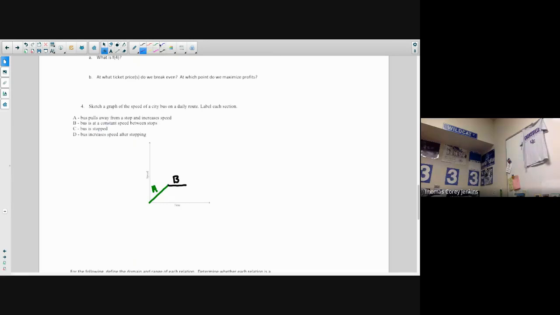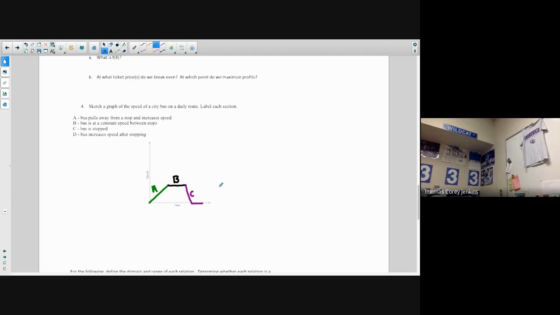The bus is stopped. So really that should be the bus comes to a stop. Let's draw what that might look like. It's going to clearly have to slow down. It's not just stopped from here. So a quick stop and then some time at 0 speed. This together would be interval C, and then it increases again.